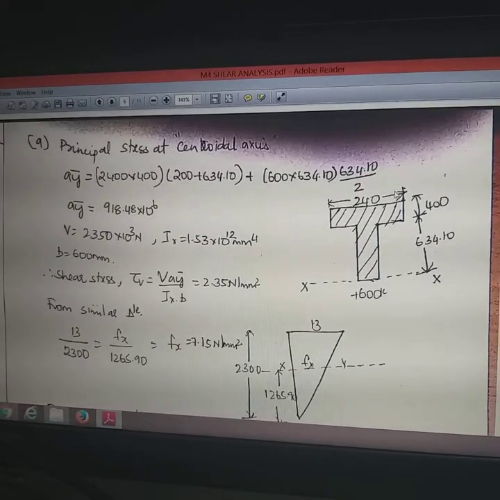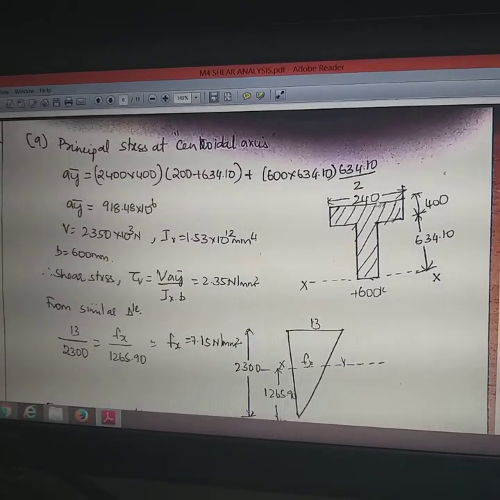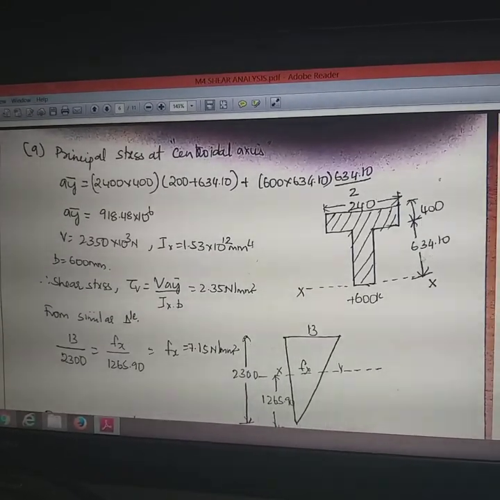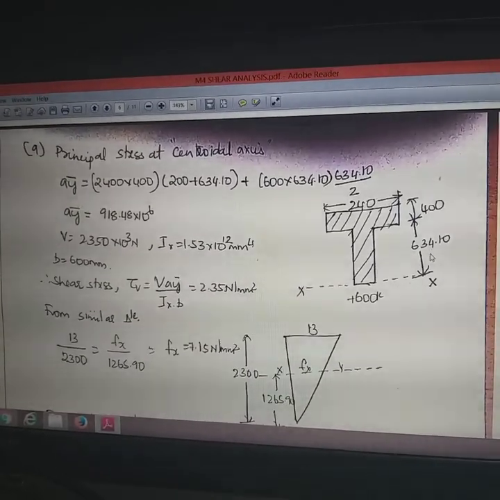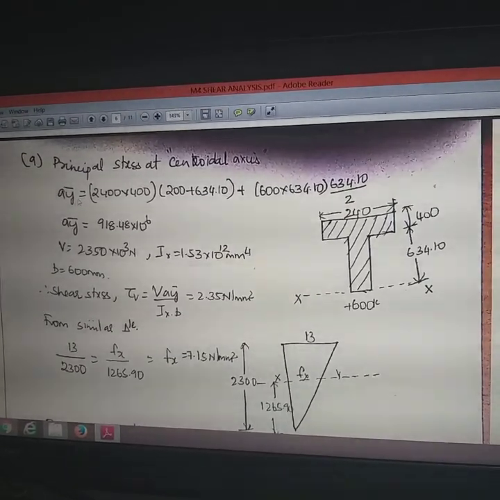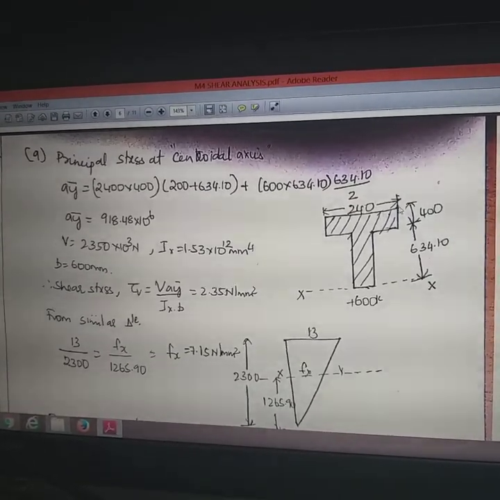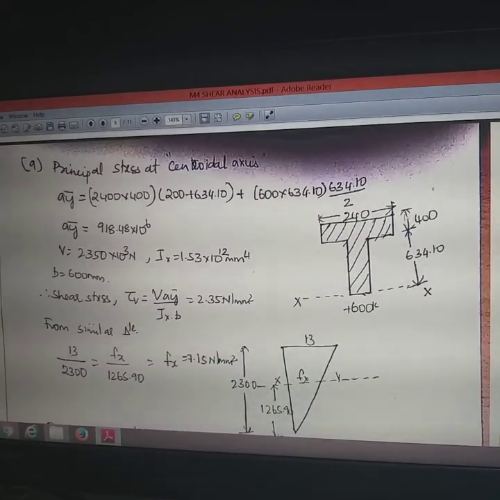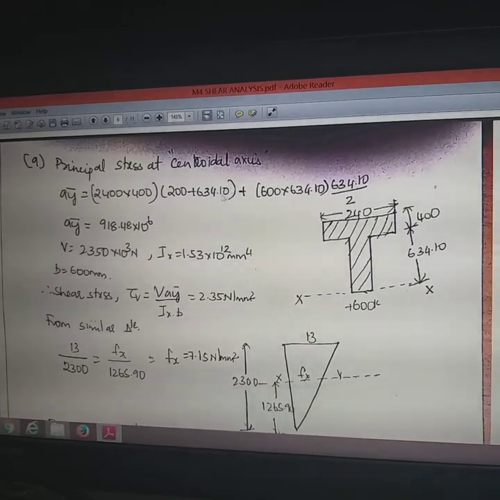Here it is 2400, depth it is 400, and 634 is the computed depth of the web with respect to the centroidal axis, A into y bar. So the area of this is 2400 into 400. 400 divided by 2 is this centroid with respect to the neutral axis, plus this one.